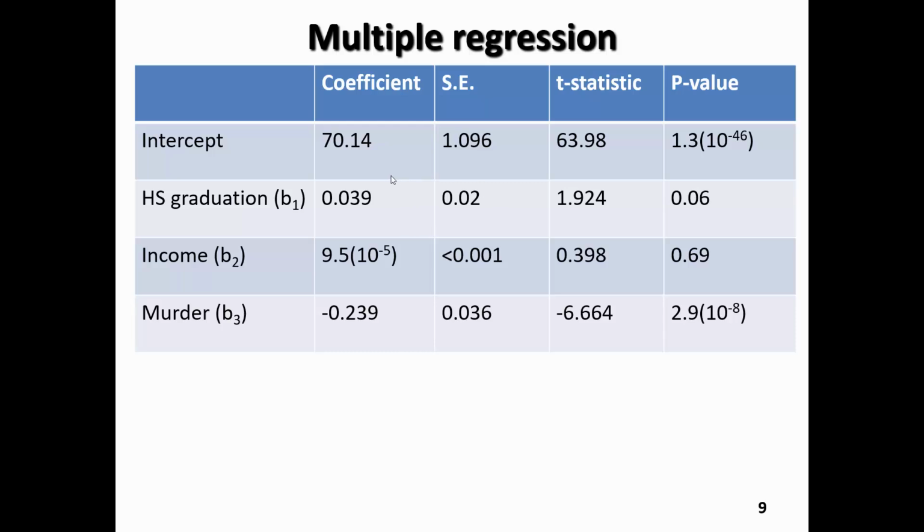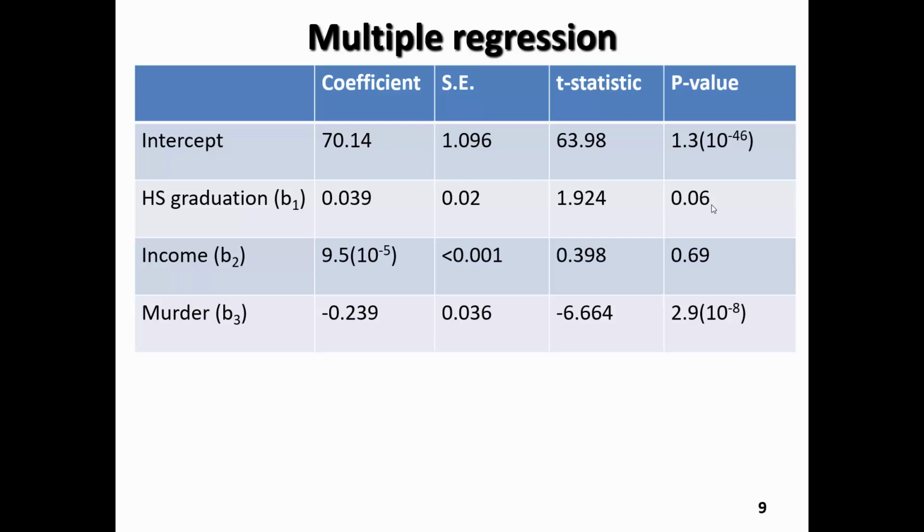That's not the case with some of these other coefficients. So we see that high school graduation has a very low coefficient value that's not very different from 0. The same thing with income, but not so with murder rate. So as we take a look at the t-statistic, here we see a t-statistic of 1.924 for the high school graduation predictor variable, and it has a p-value of 0.06.